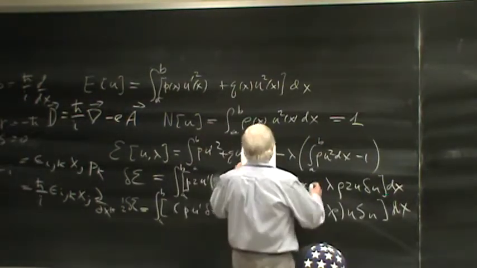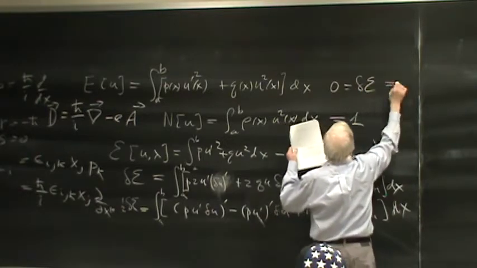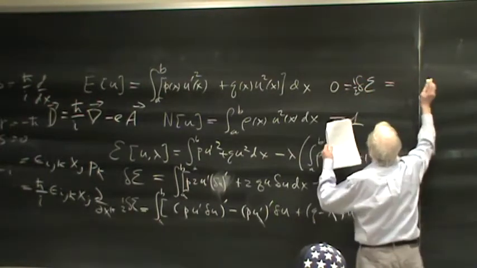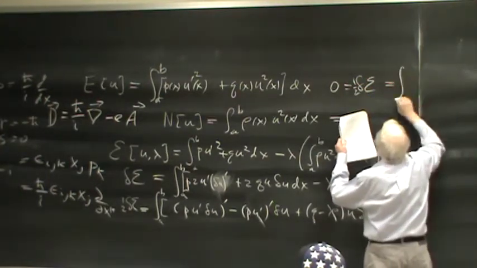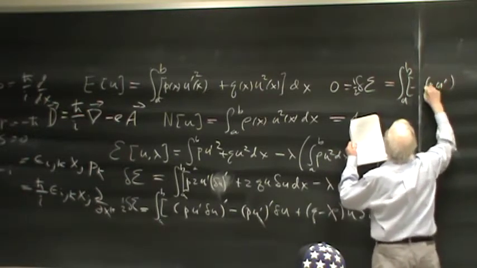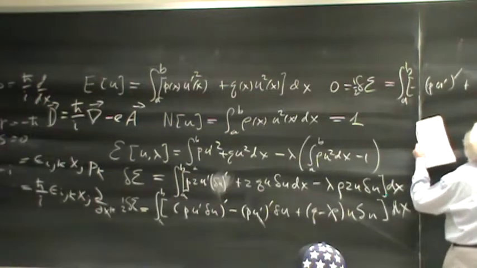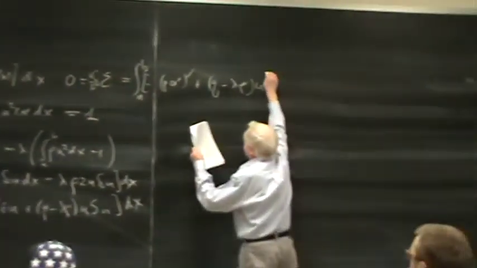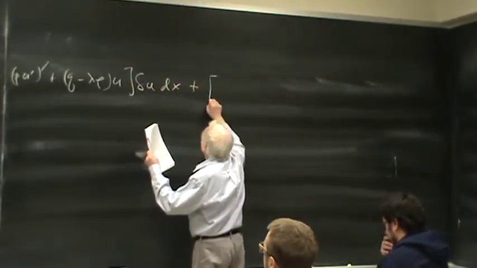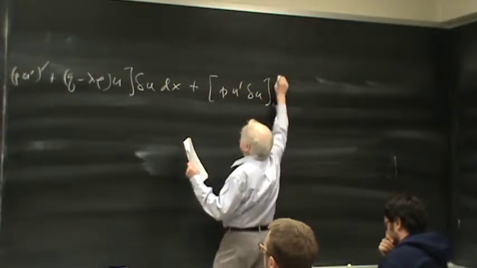And so altogether then, apart from the condition being 0, it is this, and if you want, I'll keep the 1/2. Anyway, this is the integral from a to b of minus p u prime prime plus q minus lambda rho u, variation of u dx, plus p u prime du from a to b.